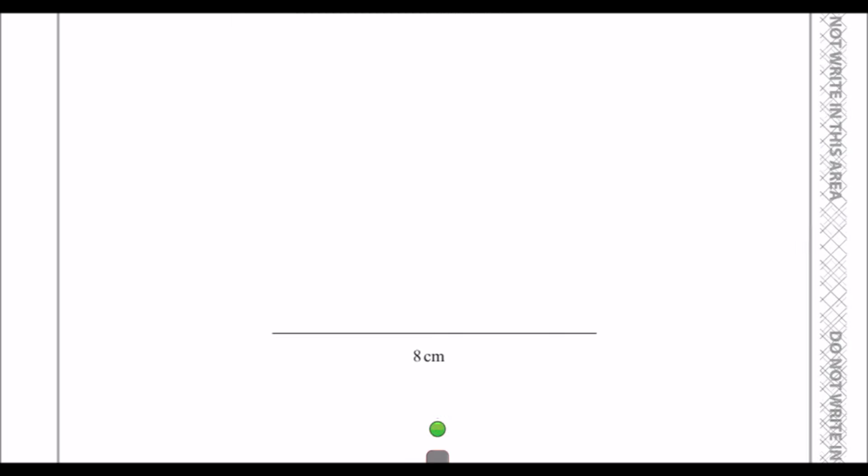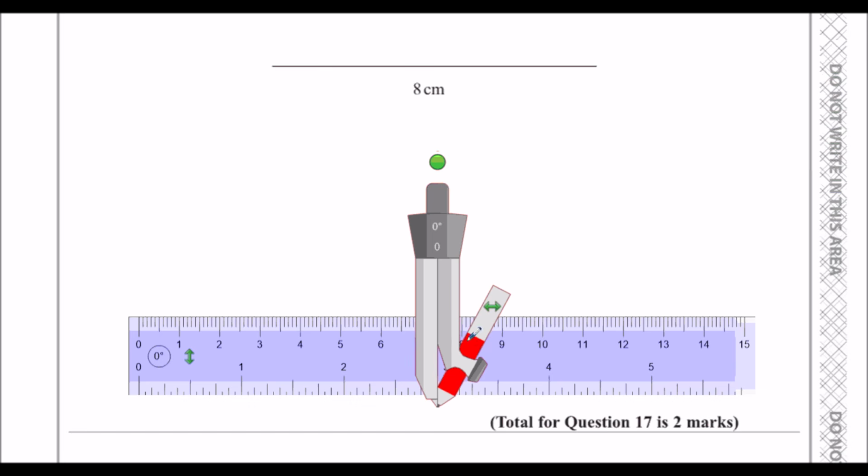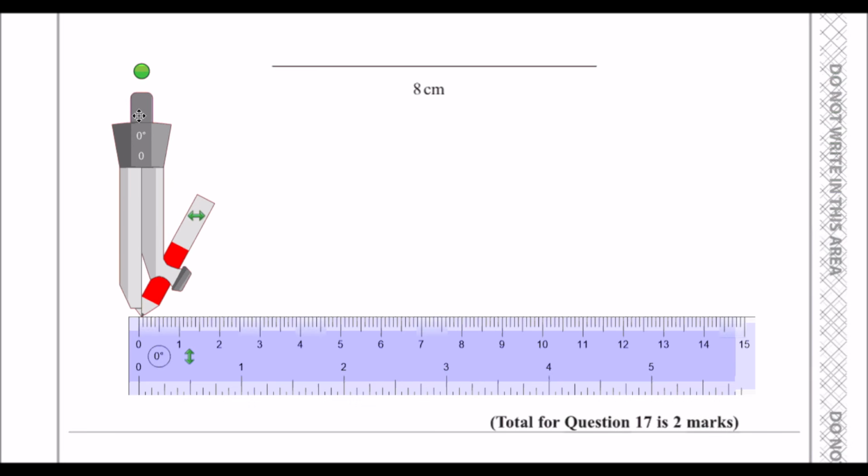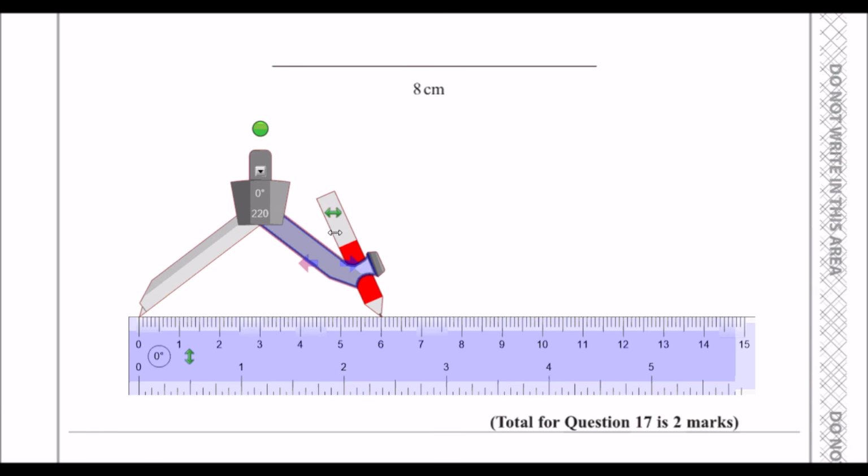To do that, we're going to use a ruler and a compass. So we need to get 6 centimeters. So we're going to measure it with a ruler out to 6 centimeters. So put the point on the 0 and pull it out to 6 centimeters.